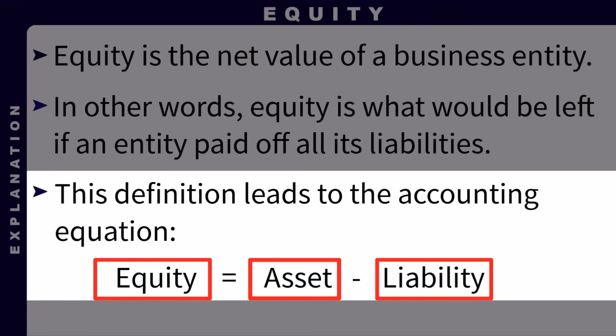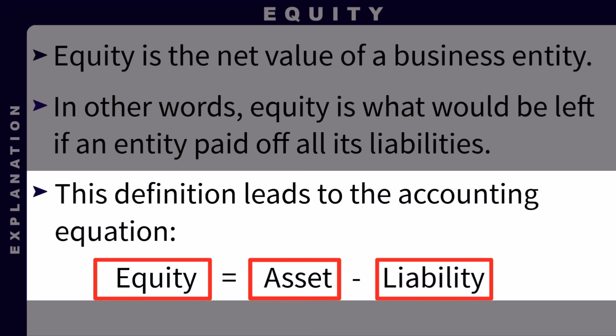That means lenders have priority over owners of the company. This priority concept is especially relevant to corporations and limited liability companies, or LLCs, because these entities are legally separate from their owners or shareholders. But the accounting equation is always valid regardless of the form or type of organization.